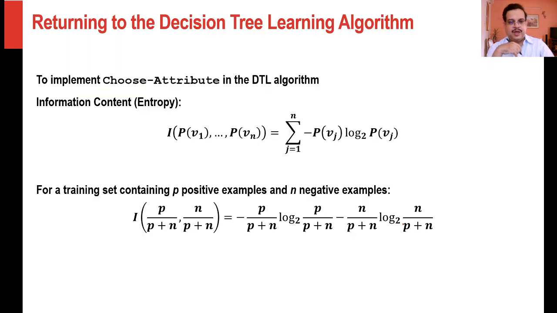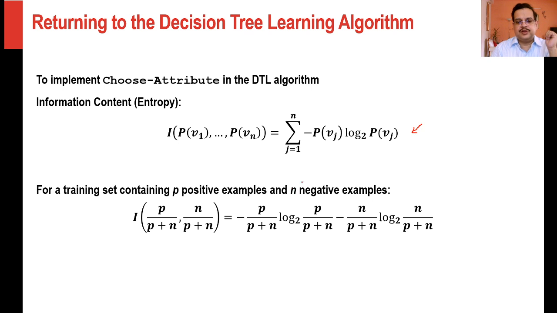So now coming back to the decision tree learning algorithm, this is what we do. We find out the entropy of the original data set. How do we do that? We use this formula, where I am summing up the terms that you saw in the previous case.